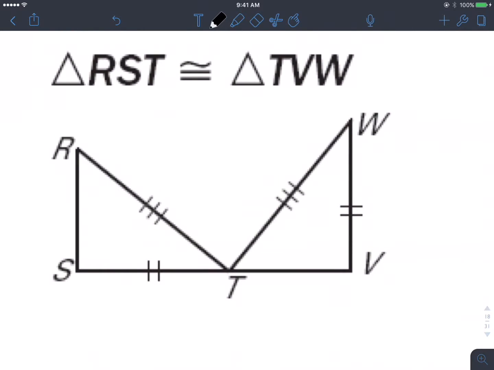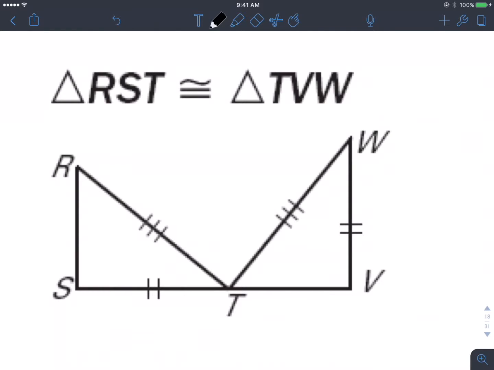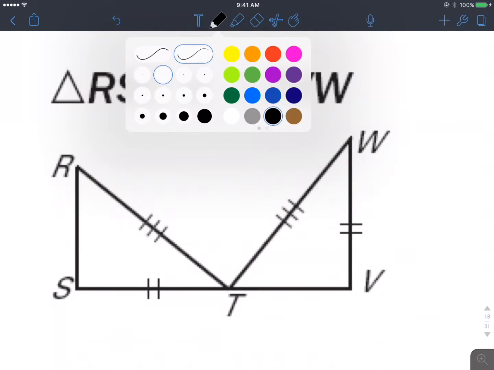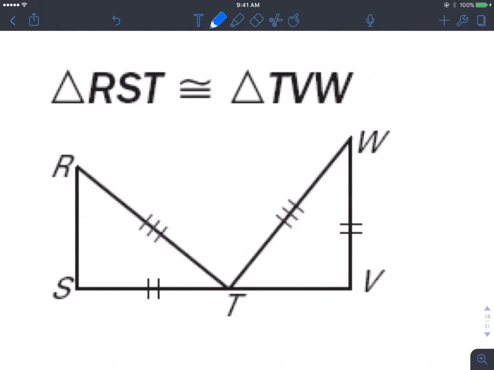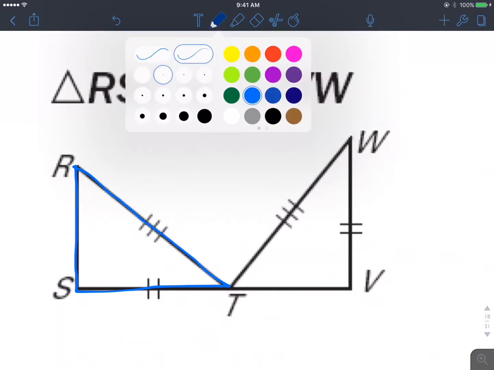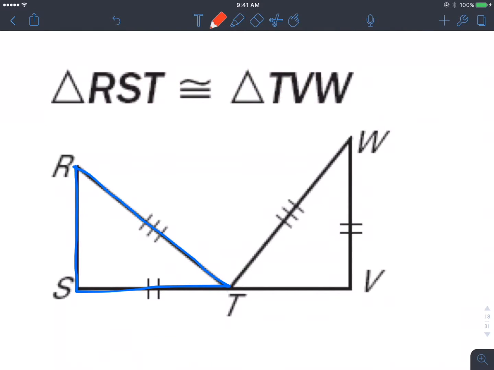Now, over here, it's a bit misleading, but don't let it fool you. Just look at the tick marks and see what's in common and what's not. So we have triangle RST is congruent to triangle TVW.